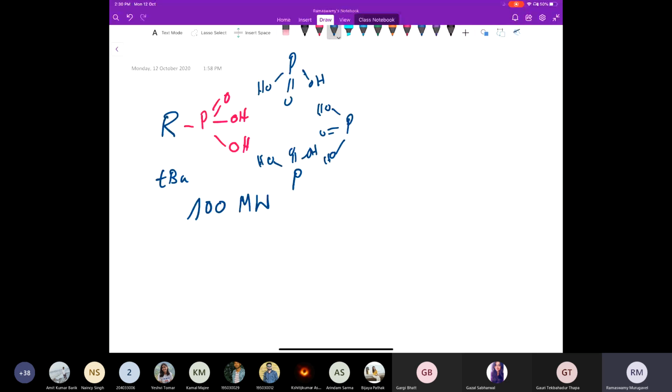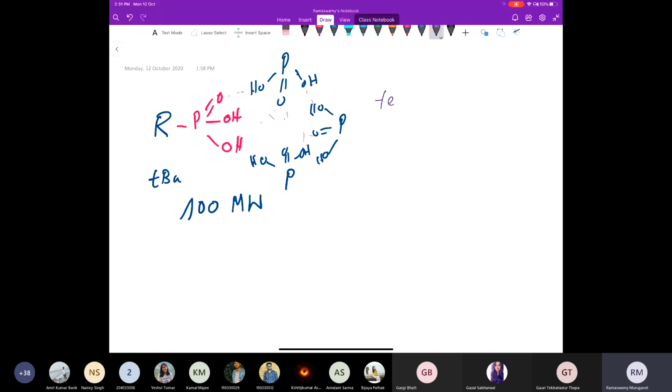As you can see, I have drawn these hydroxyl groups and the oxo groups in a concerted fashion so that I can start drawing hydrogen bonds between them. So I can have a large number of hydrogen bonds, and as a result weak tetramers, weak hexamers, and so on.